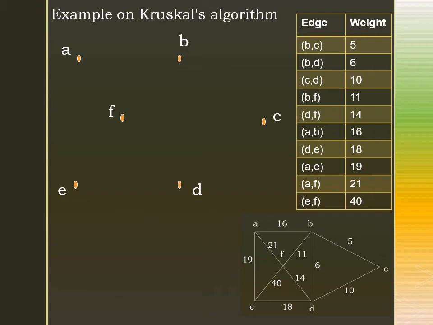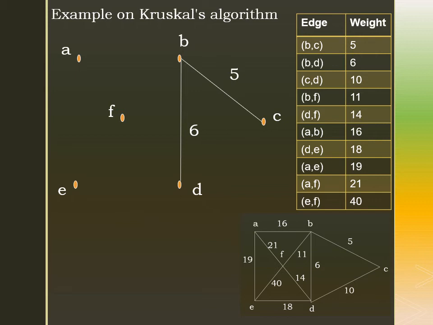We start Kruskal's algorithm with inclusion of the edge of the minimum weight in the spanning tree, and hence the first edge to be included is BC with minimum weight 5. Next edge is BD with the weight 6, and it does not form any cycle, and hence we can include BD in the spanning tree.